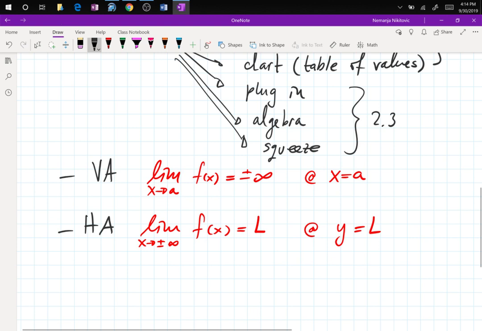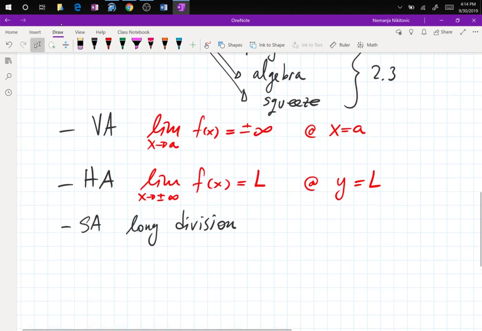There is also the slant asymptote, but that one is long division, so no calculus there. It has a lower probability of being asked, and it's also known as an oblique asymptote, depending on which book you read. So vertical, horizontal, and slant: 3 types of asymptotes. They're all straight lines, right?